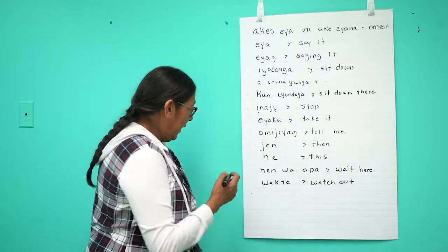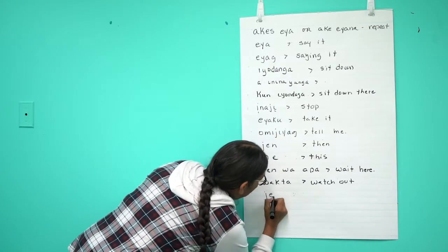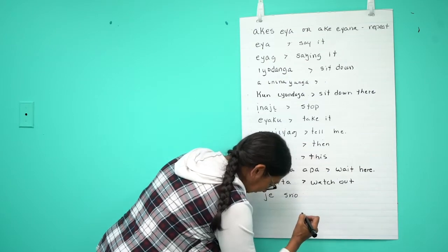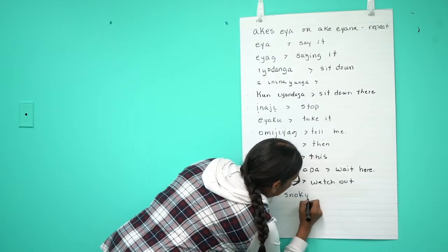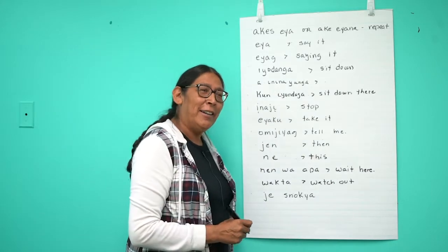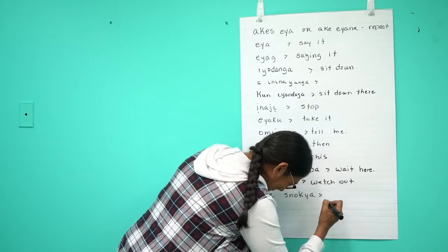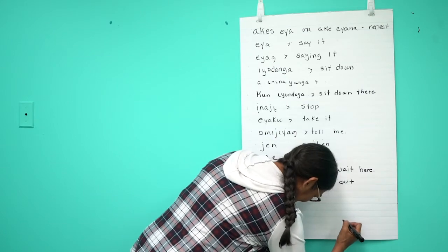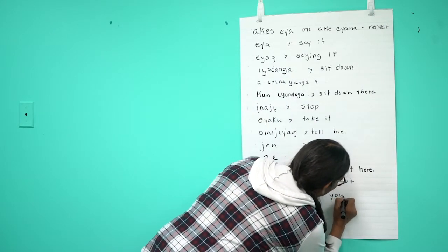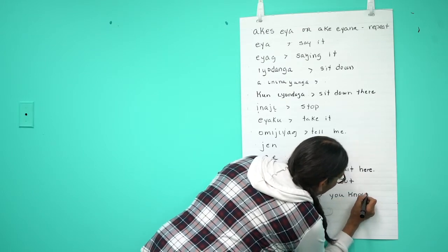Another one a lot of the young teenagers use right now. Well, I don't have teenagers quite yet, but Shesnokya. I know that. Shesnokya. I know that. Shesnokwa, you know.